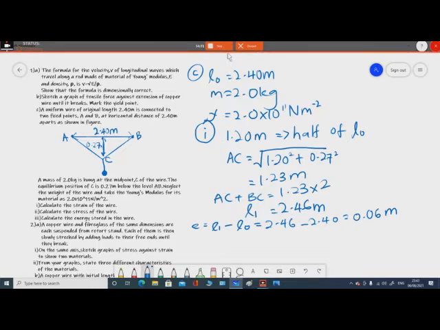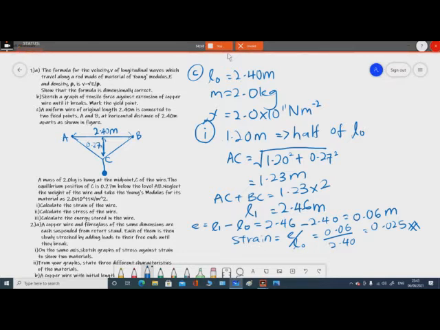The question asks for the strain. So our strain is the extension divided by L0, which is 0.06 divided by 2.40. So this is our final answer, which is 0.025. Strain has no units, since meter and meter cancel each other.